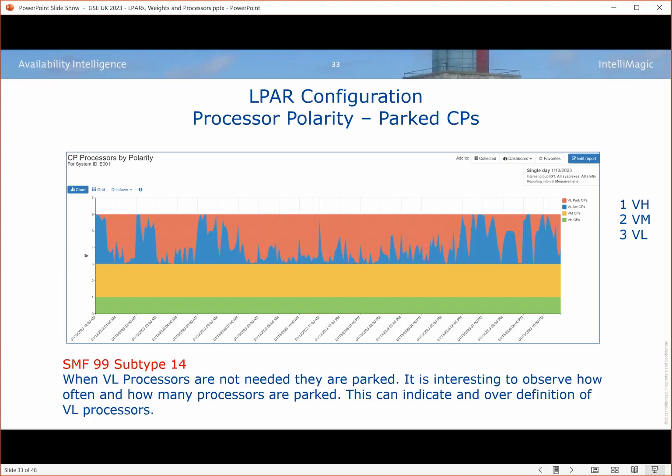That can sometimes be a very interesting picture to look at to see how often and how many logical processors, vertical low processors, are being parked, okay? That can sometimes indicate that, well, we have an LPAR, we've defined 10 processors, 6 of them are vertical lows, and almost always 3 of them are parked. Well, that gives you a pretty good indicator that you can get rid of those, okay, as far as that particular workload on that particular day.